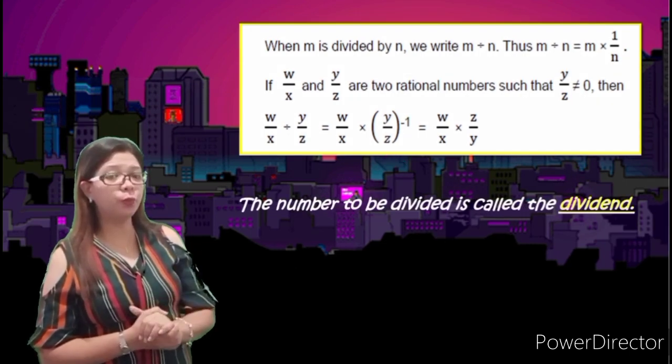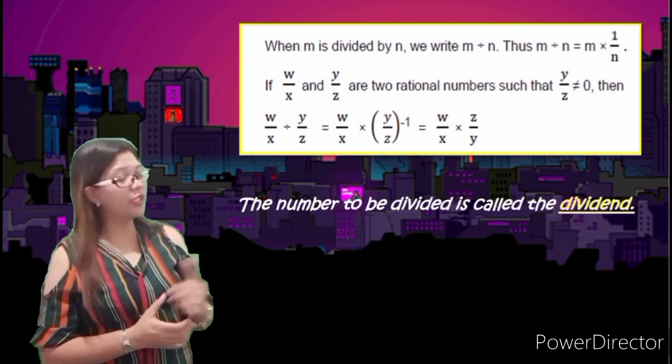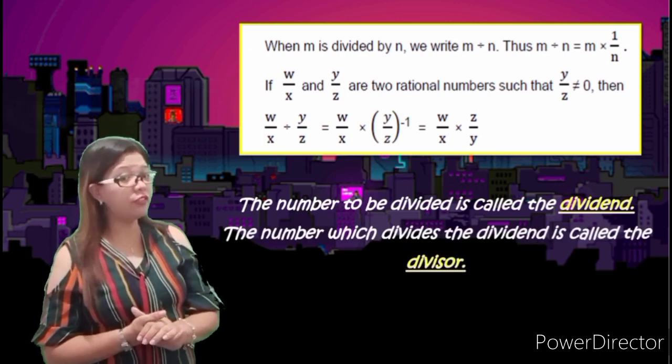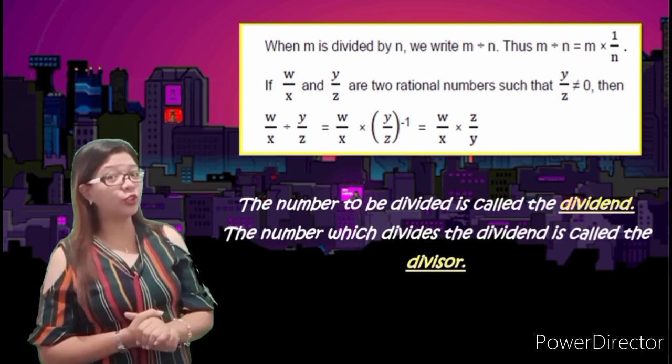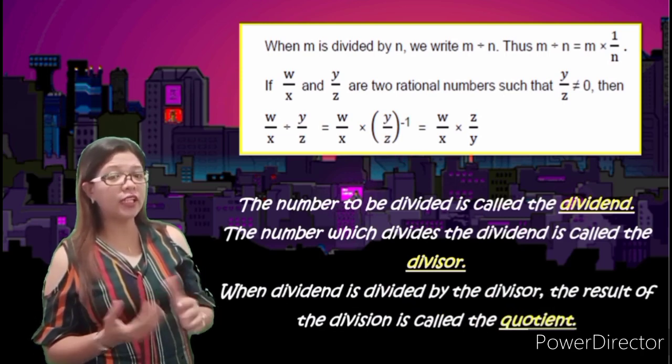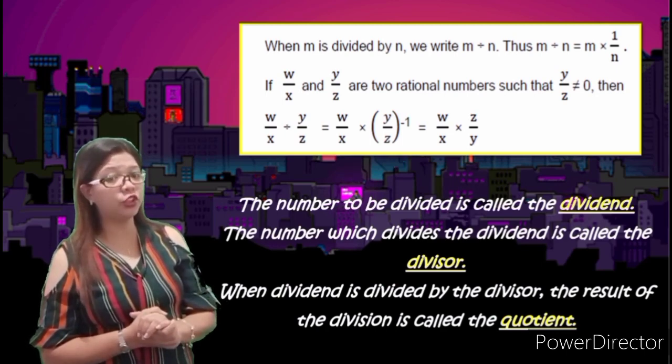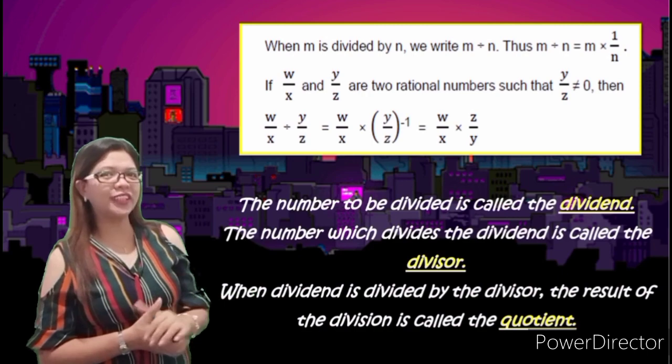The number to be divided is called the dividend. The number which divides the dividend is called the divisor. When the dividend is divided by the divisor, the result of the division is called the quotient.